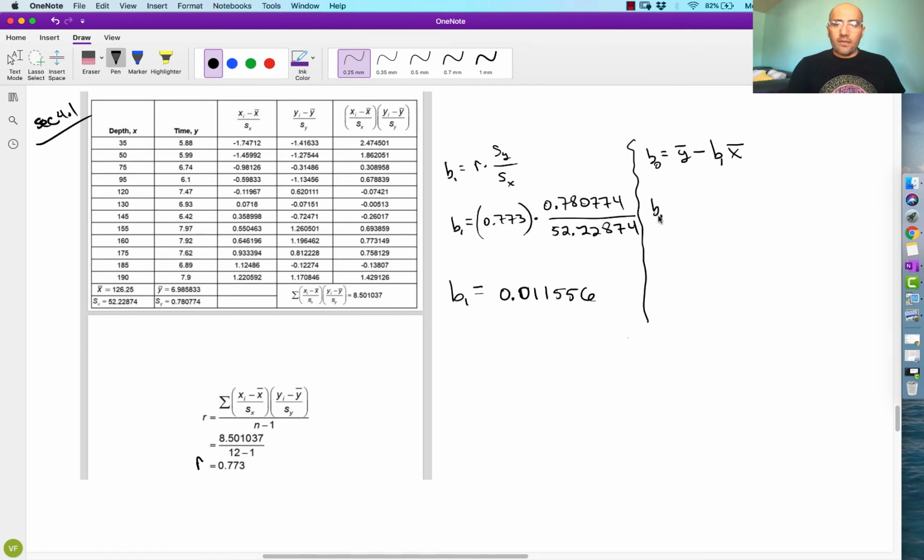So B naught is equal to Y bar, which is 6.9858 approximately, minus the value we just found, so that would be 0.011556, times X bar, which is 126.25. Okay, so let's type that into my calculator, see what we get.